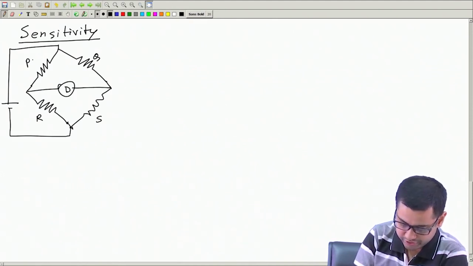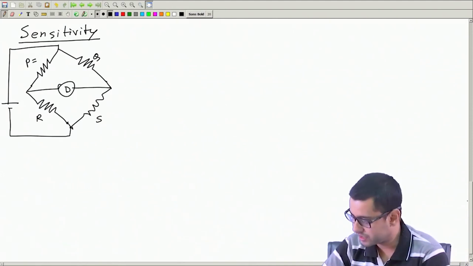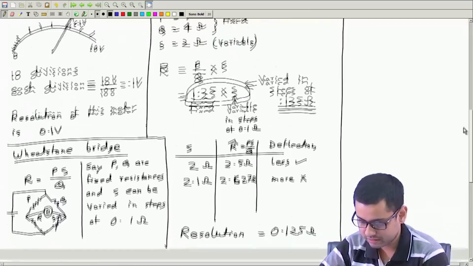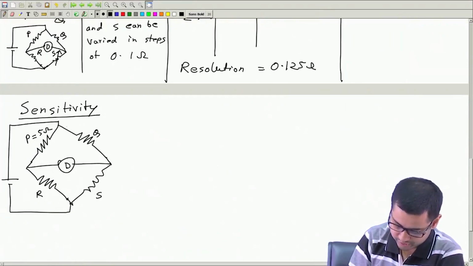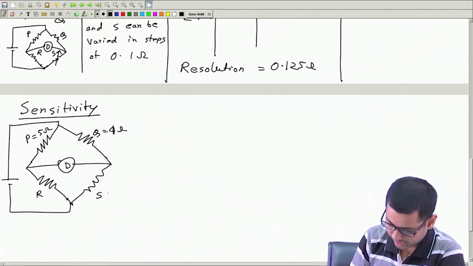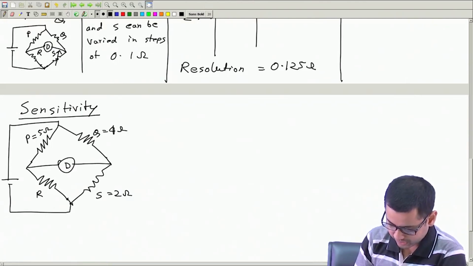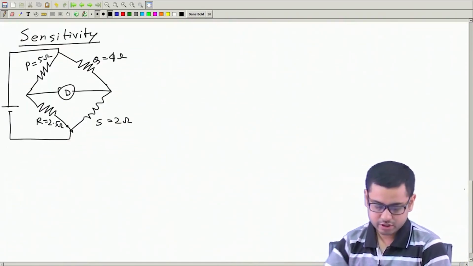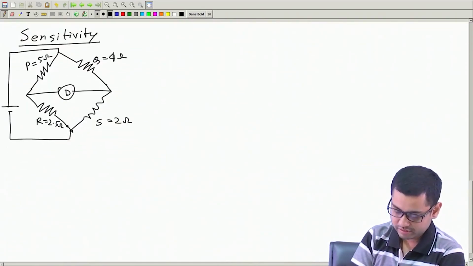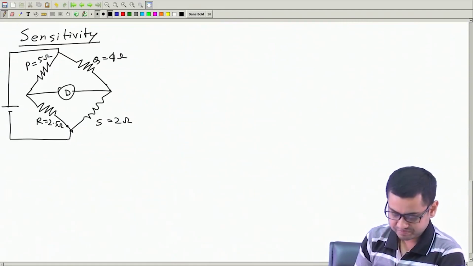The chosen values of P, Q and S for this example are 5 ohm, 4 ohm and 2 ohm. So, R came out to be 2.5 ohm. Now, under this situation there is no deflection at all, because the voltage here is the same as the voltage here.